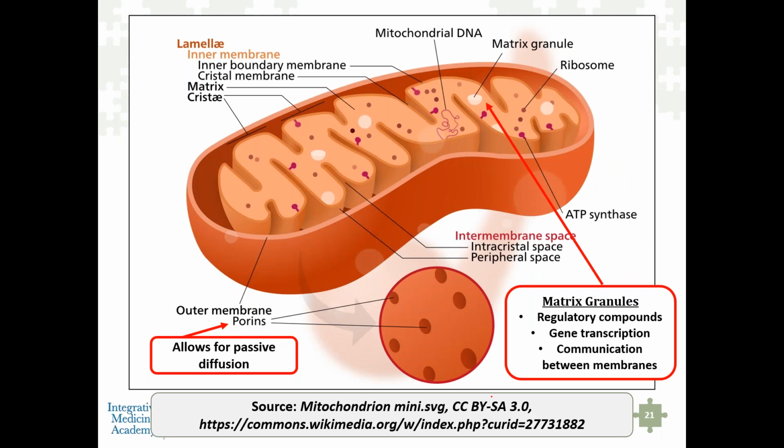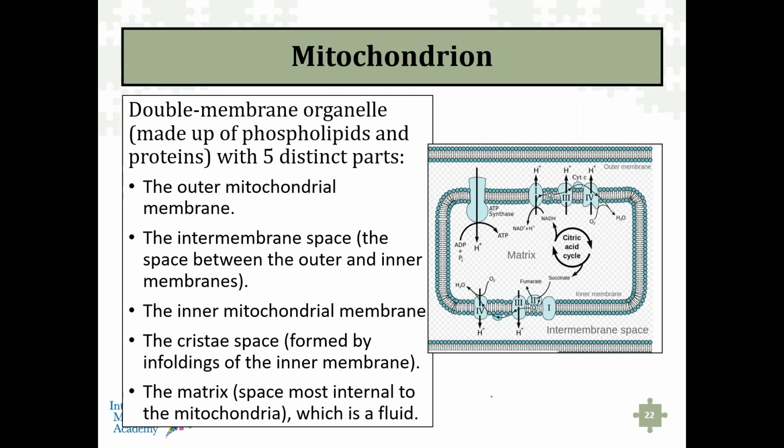So if we think about the cell structure of a mitochondria, we have the outer membrane, we have the inner membrane, and all of these protein structures in between. There's a lot happening at a mitochondrial level where things can go wrong with excess oxidative reaction. Fundamentally, a mitochondrion is a double membrane organelle made up of phospholipids and proteins with 5 distinct parts.